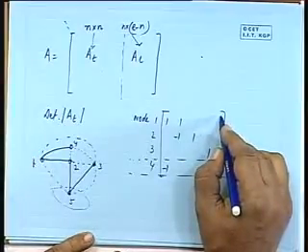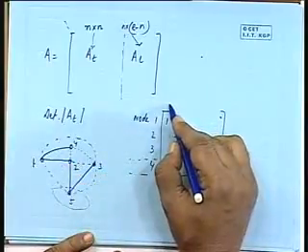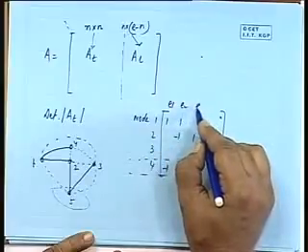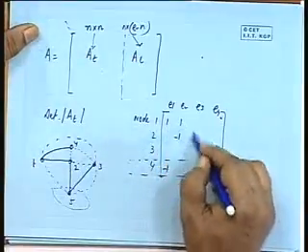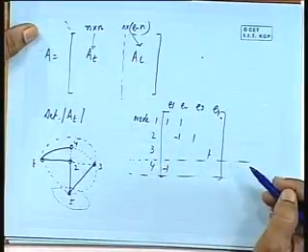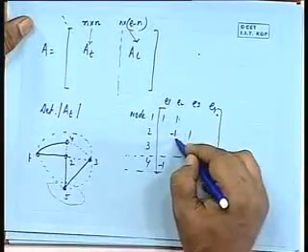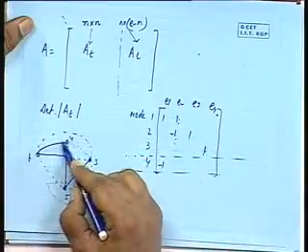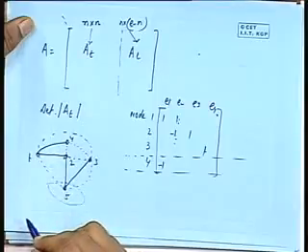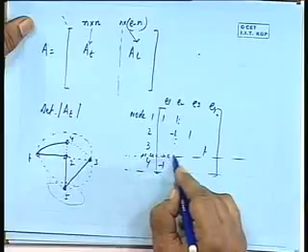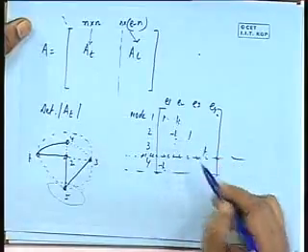So 1, 2, 3, 4, there are 4 elements: element 1, element 2, element 3, element 4. All of them have at least one non-zero element. There can be 2 non-zero elements also, 1 and minus 1. Two of them have 2 non-zero elements, and the others have 1 non-zero element.